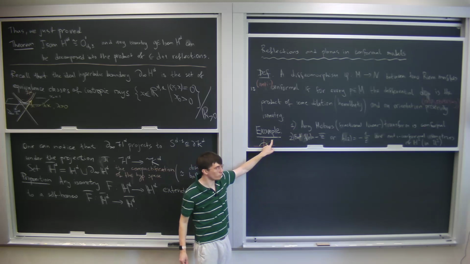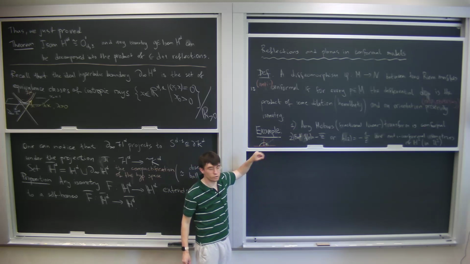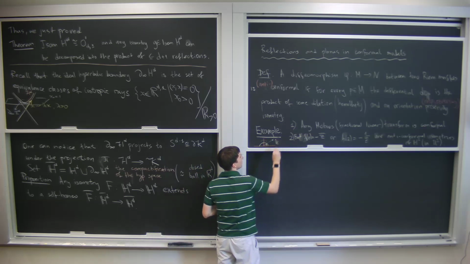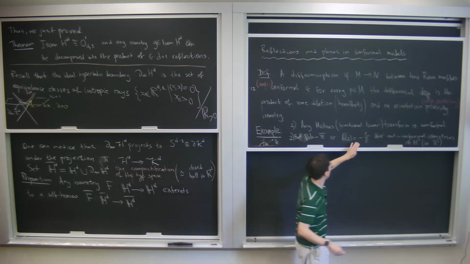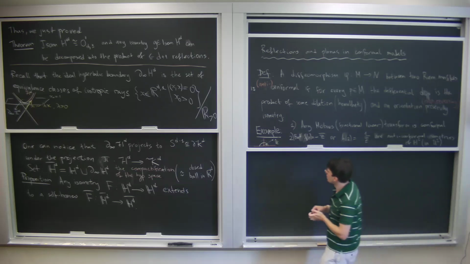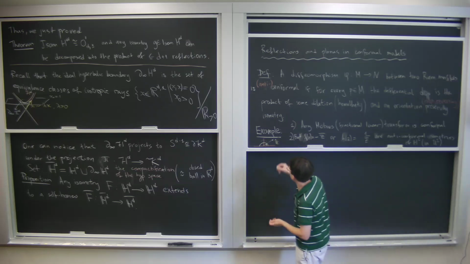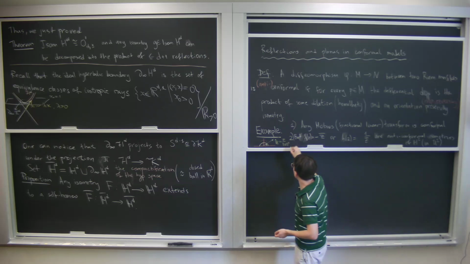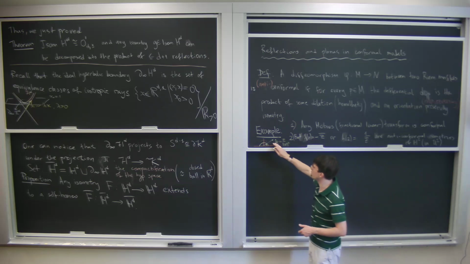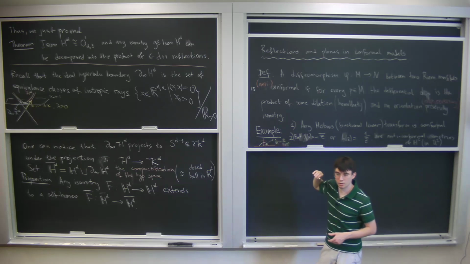Oh, probably it's just 1 over z bar, so no minus here. The product should be equal to 1.